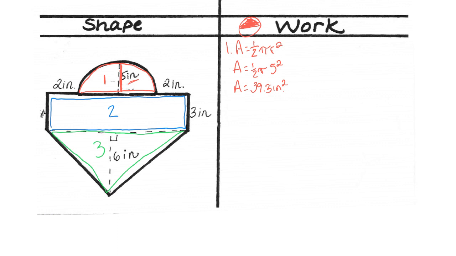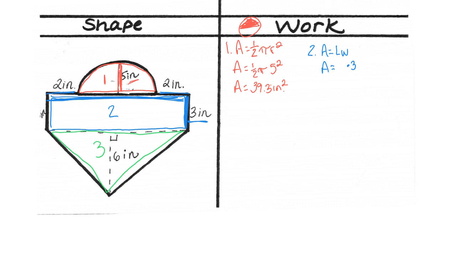All right, the second one is just a rectangle. So length times width. Okay. So we have our width here. But do we have our length? Well, maybe, because we have 2 and 2.